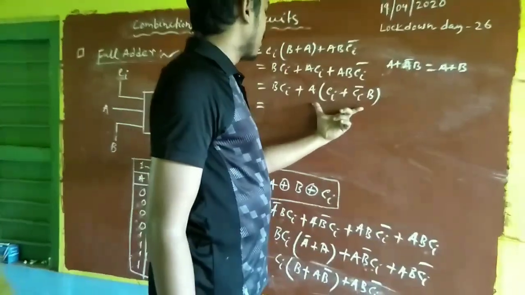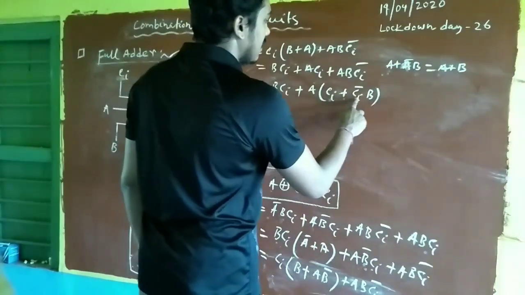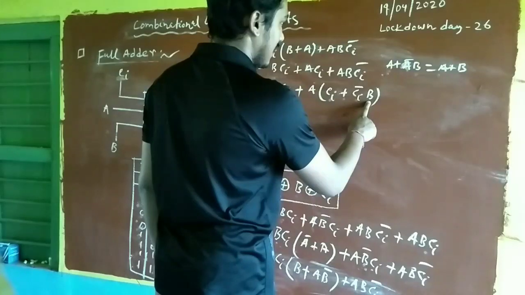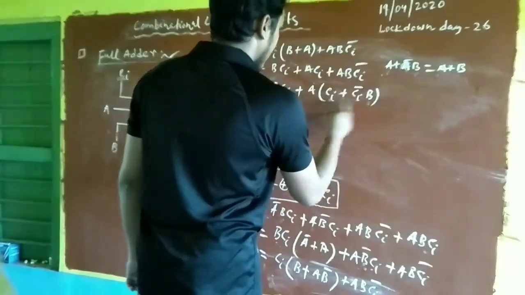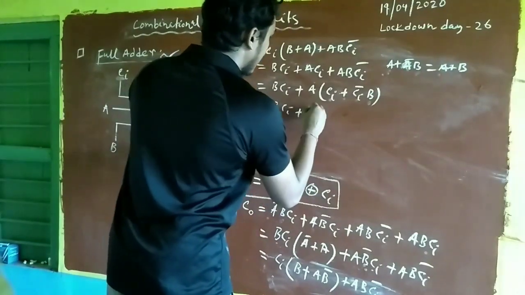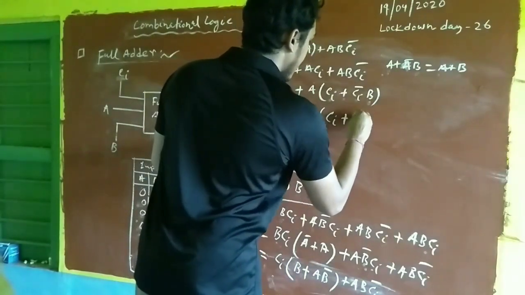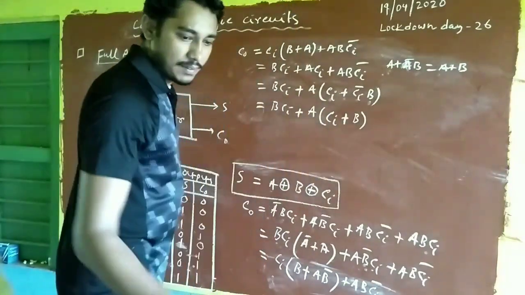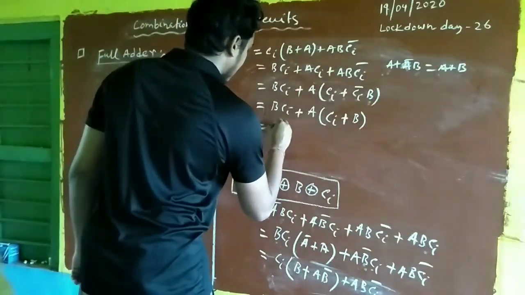Ci plus Ci bar B, that is A plus A bar B, is equal to A plus B. So here it will be B Ci plus A into Ci plus B. What was the final expression?